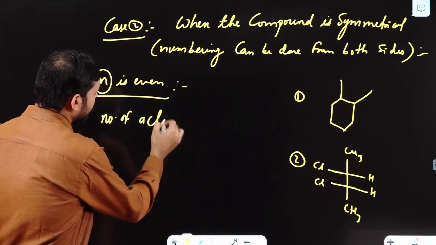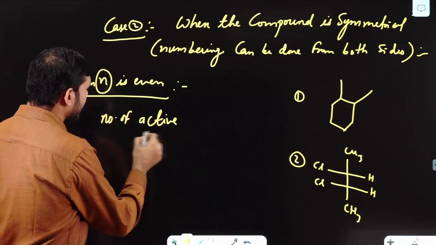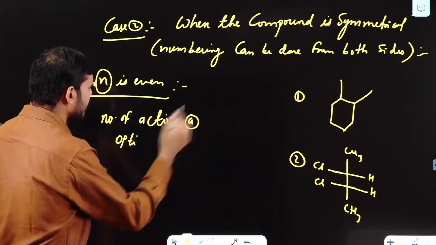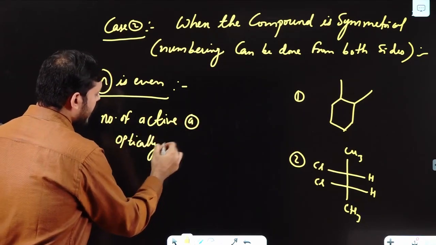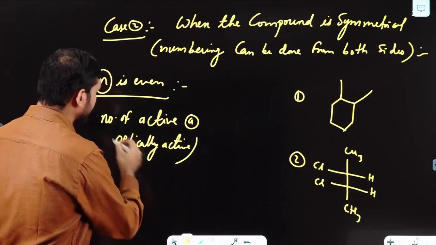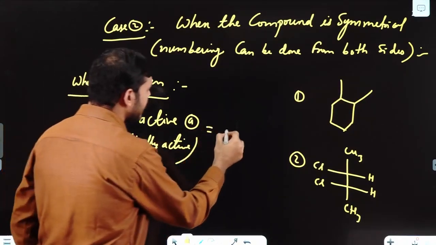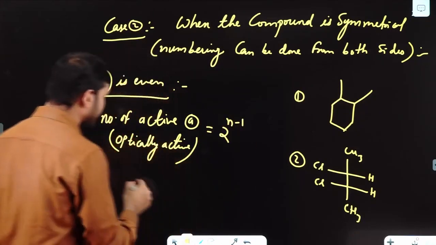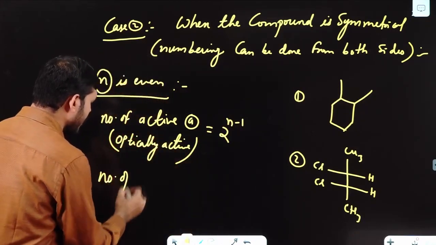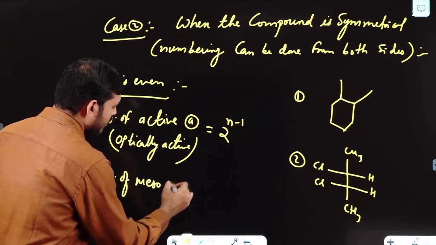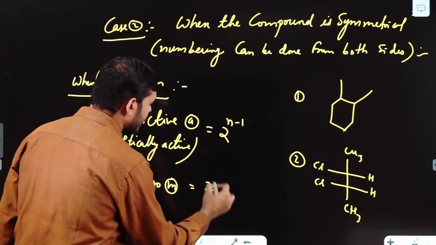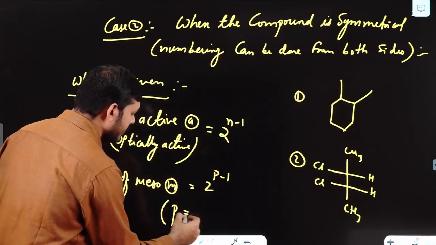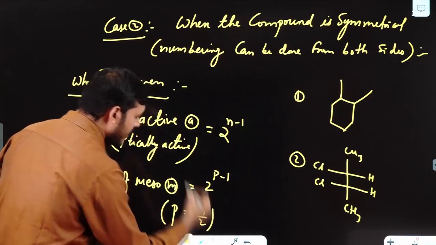number of active, A, as I used earlier, optically active, equals 2 to the power n minus 1, and number of meso, M, equals 2 to the power p minus 1, where p equals n by 2.